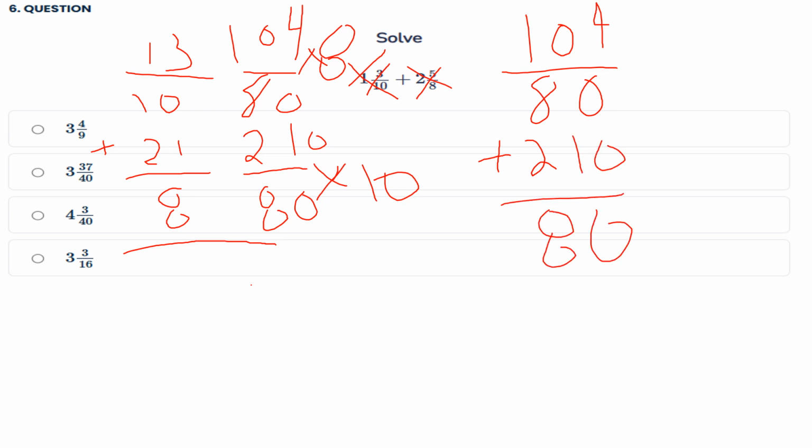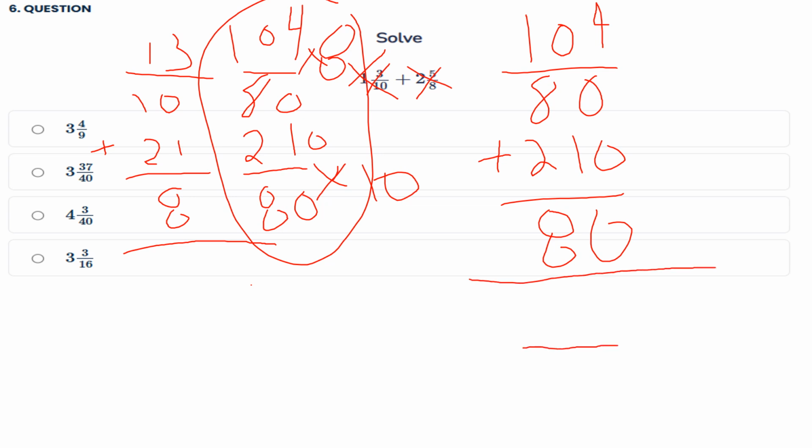So I'm just moving everything over here so I can see it better, and I can do the work a little bit easier. All right, so our denominator stays 80, and then we add our numerators, so we add 104 plus 210. That's going to give us 314.